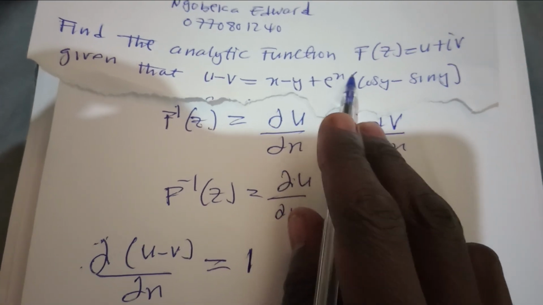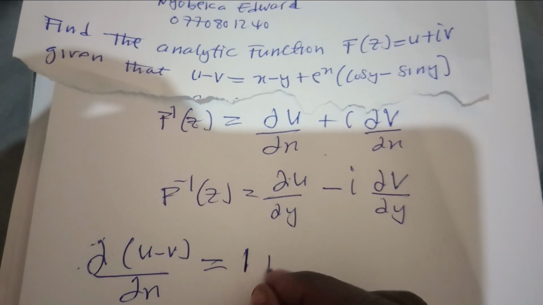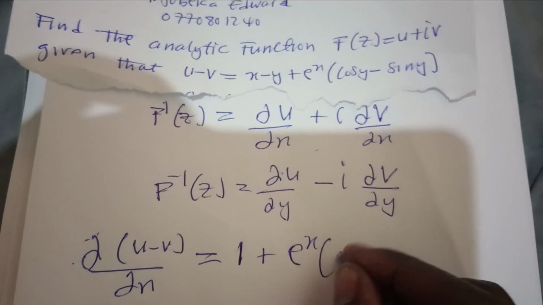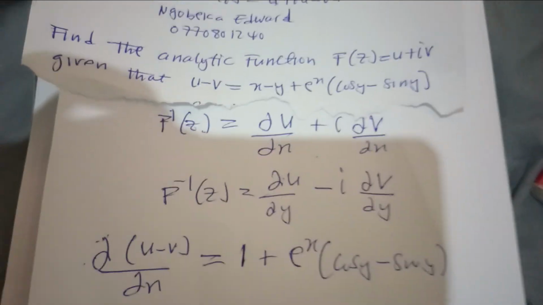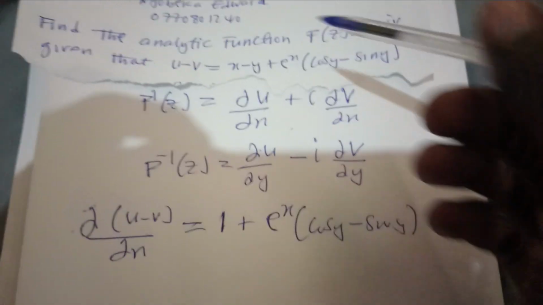When we differentiate this one with respect to x, we have e to the power x open bracket cos y minus sin y. This one has no x, so we are not interested in this part.